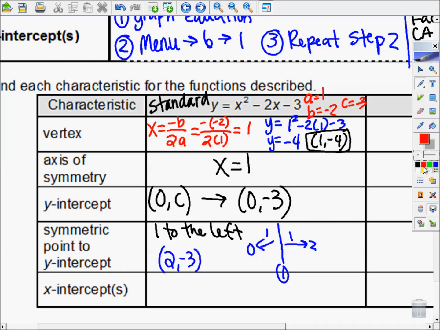So if the problem asks you what is the symmetrical point, in order to be symmetrical, I have to be the same distance from the axis of symmetry. So if I'm 1 to the left, in order to find the other one, I have to be 1 to the right. So what number is 1 to the right of 1? 2. So therefore, my symmetrical point is at 2, -3.